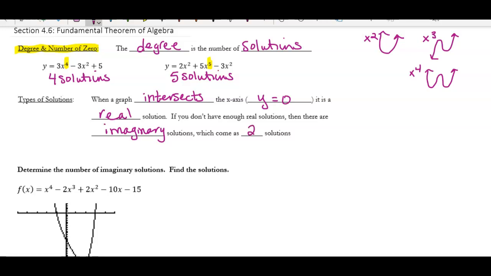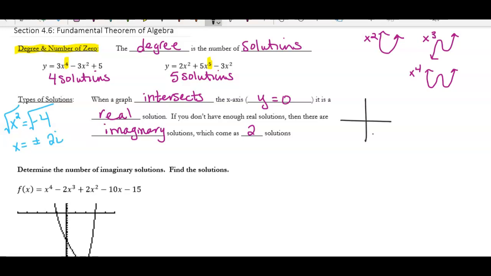And if you remember why, because the way I got imaginary is if I had something like x squared is equal to -4, remember when I take the square root of those, I get plus or minus 2i. The only way you can get imaginary is if you're taking the square root, which means there's a plus or minus. Okay, so an example would be, let's look at this graph here.